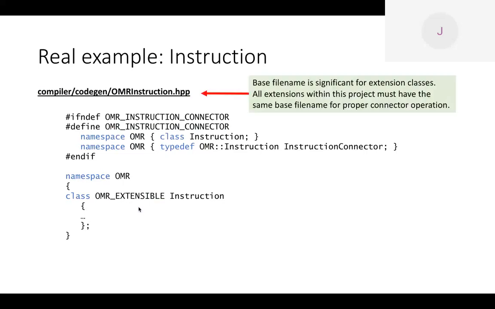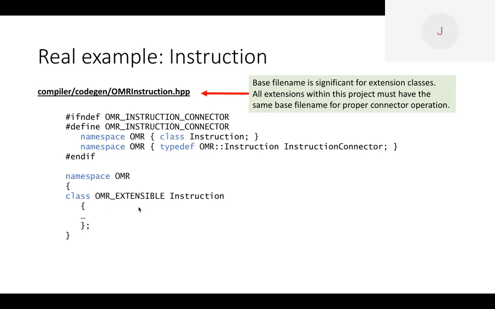That's particularly important because all the extension classes for a given class in the same project should have the same name. So anything that's going to be extending omrinstruction.hpp should have the same name, omrinstruction.hpp.